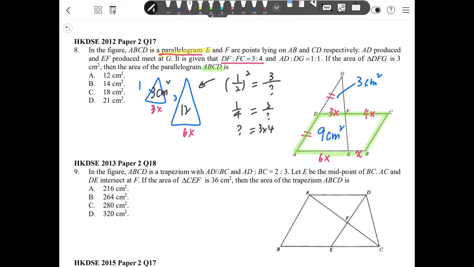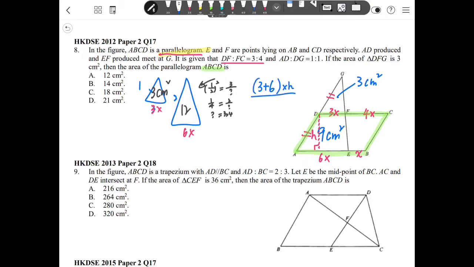So since it is 9 cm square, let me say there will be a height h actually. For the height h, I say 3 plus 6, times the height, divided by 2, equals 9.